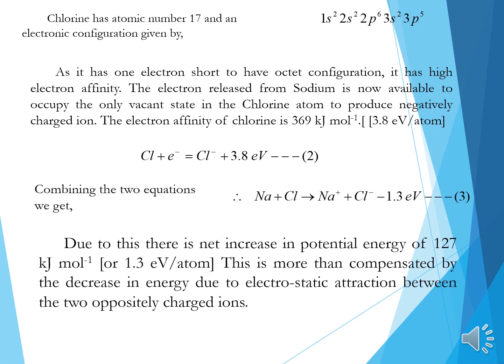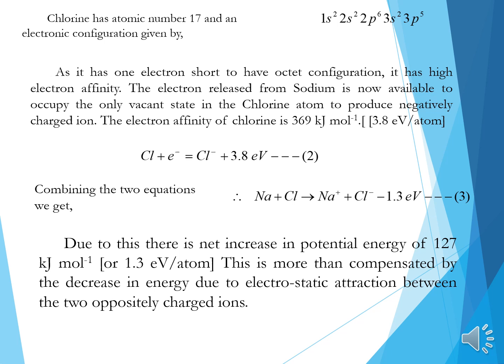Now chlorine, which has atomic number 17, has electronic configuration 1s2, 2s2, 2p6, 3s2, 3p5. As it is one electron short of an octet configuration, it has high affinity to grab an electron.